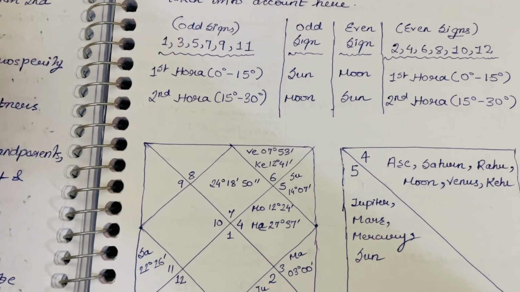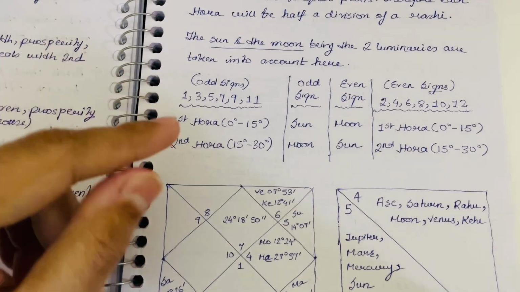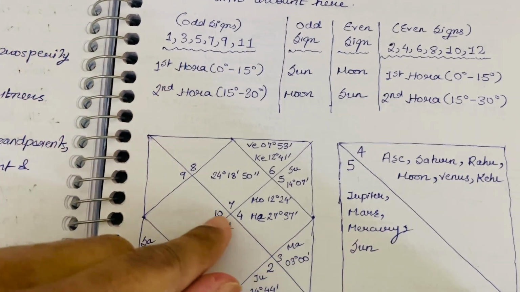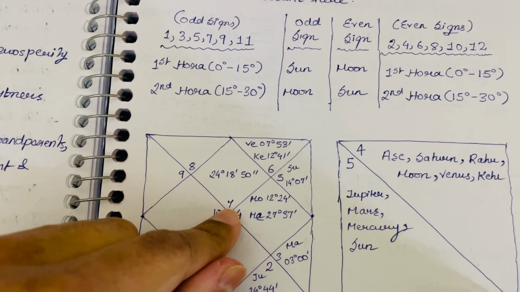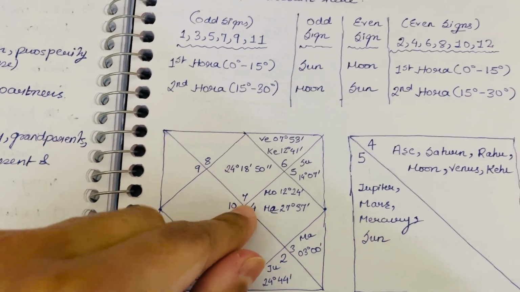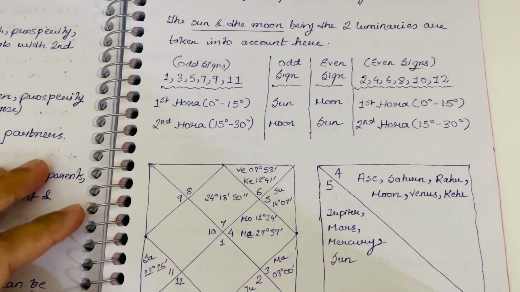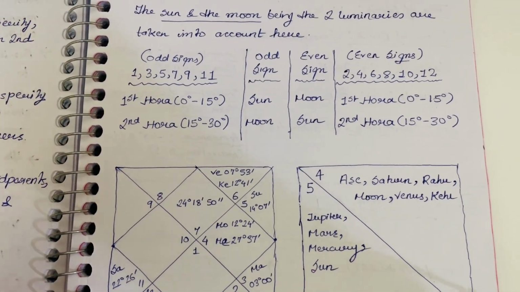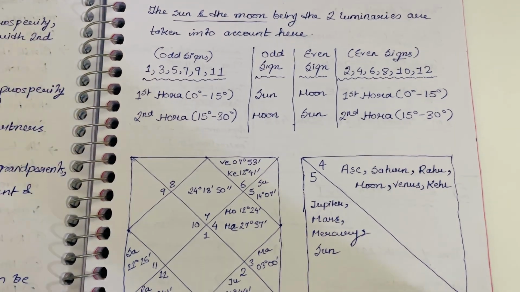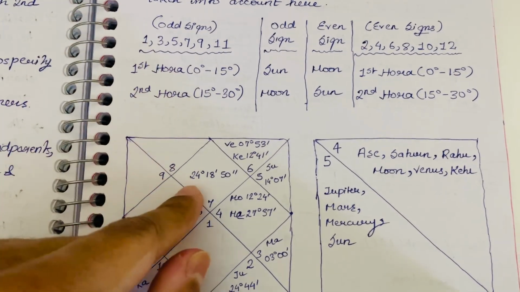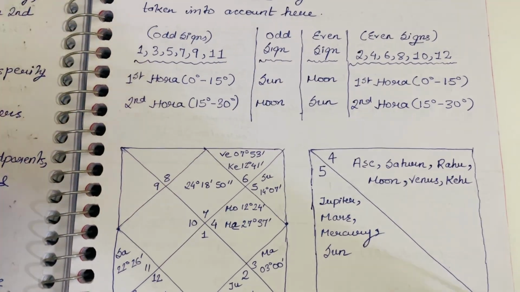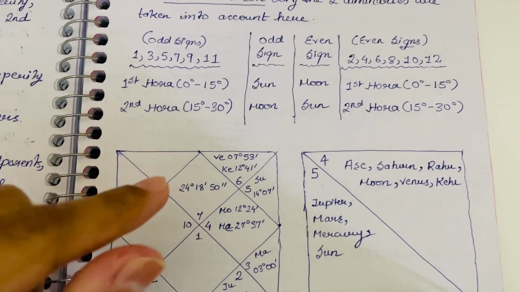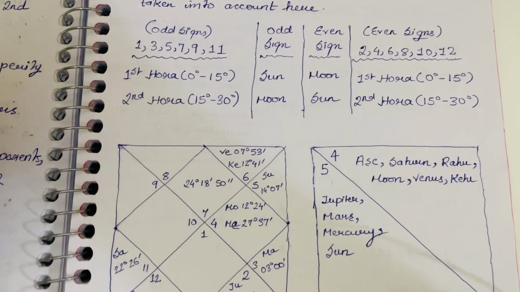Now, how to do it? Simple, let's go step by step. The first sign is Libra, 7. Before that, let's understand this. The D1 chart consists of 12 houses or 12 bhavas, first to 12.